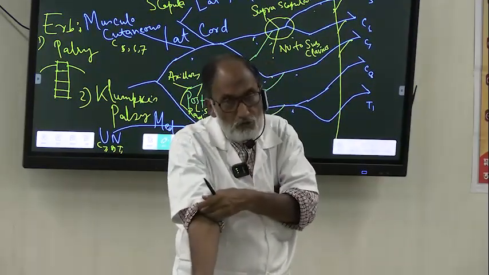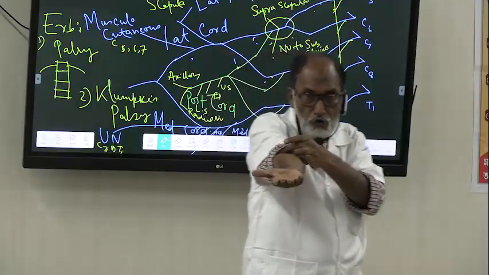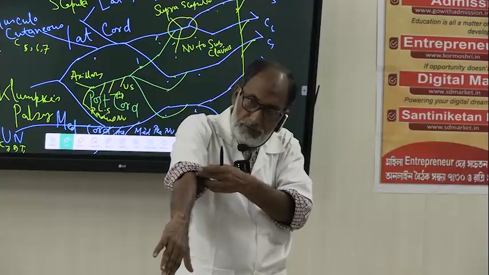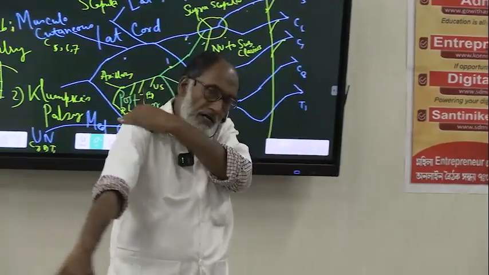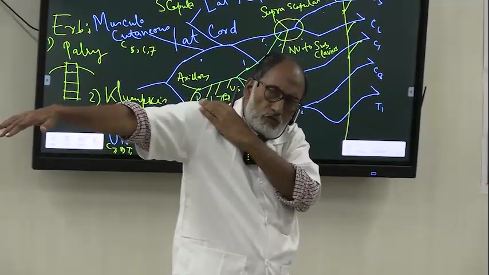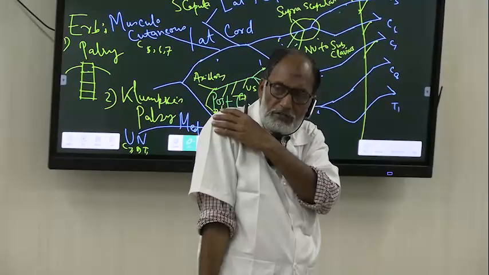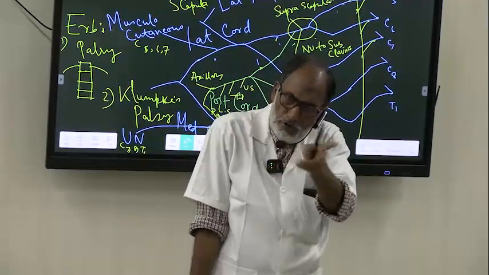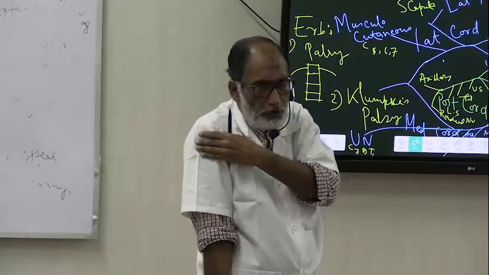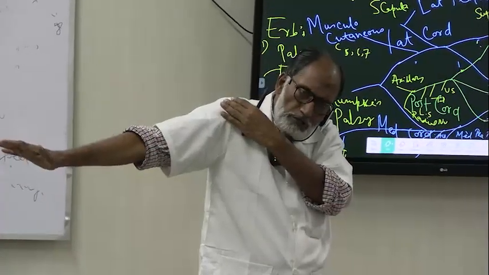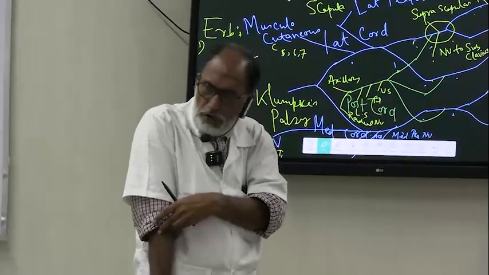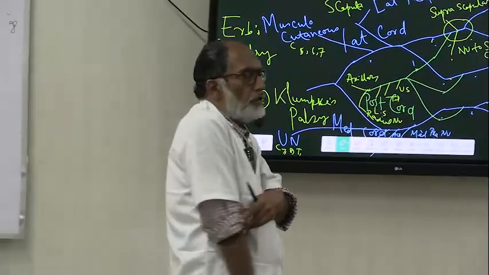So there will be no supination, the patient will not be able to supinate the arm, so it stays pronated. Did you understand? Then the deltoid causes abduction, so abduction is lost, that means the patient will be adducted. First remember the muscles, then remember their actions. First the deltoid, so abduction will not be there, so adducted. Supinator muscle gone, so the hand will be pronated. Did you understand?